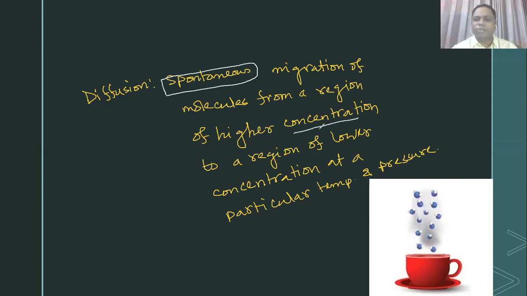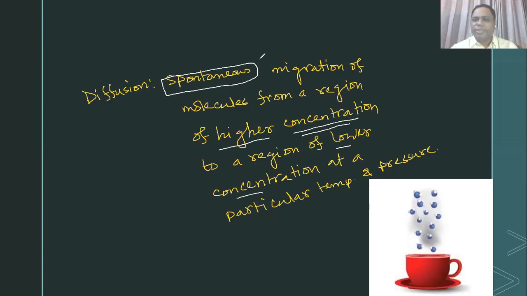Due to concentration, because you can see it is moving from higher concentration to lower concentration. You can see we have placed a figure where molecules are coming from the cup. That means if we keep a cup of tea, then you can feel the smell of the caffeine from a long distance. And this type of migration of molecules is considered as the diffusion process.